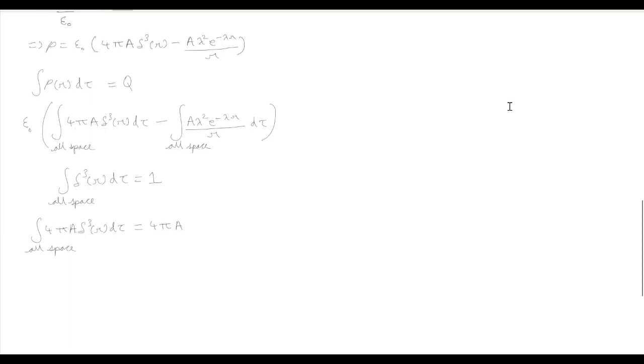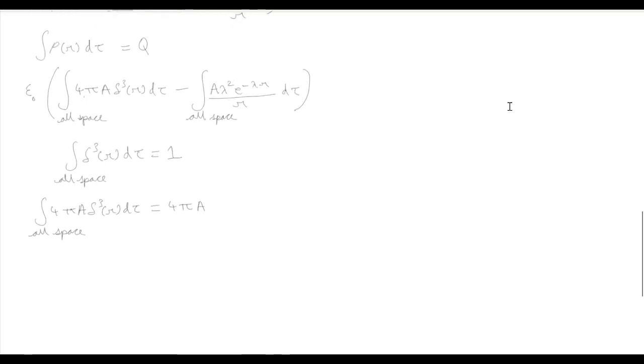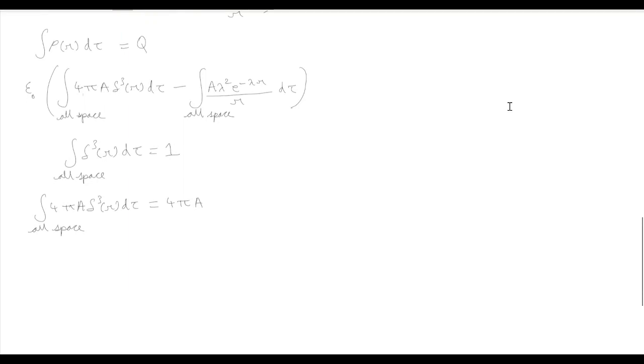Now the second integral, we actually need to use spherical coordinates in order to solve. We will have an integral from 0 to 2 pi, another from 0 to pi, and another from 0 to infinity for r.